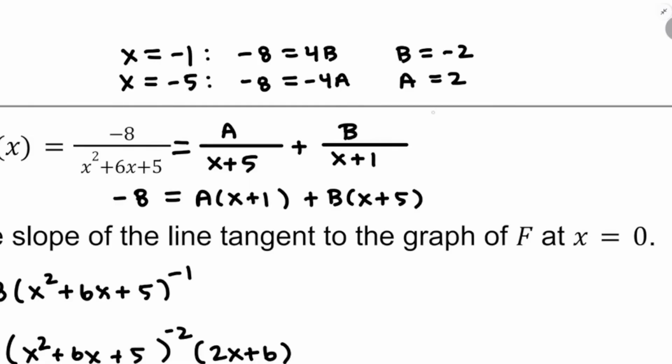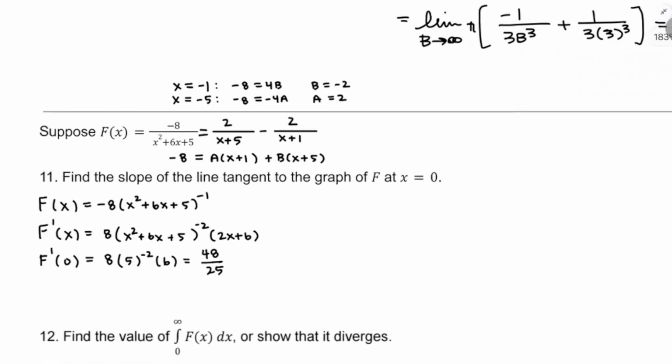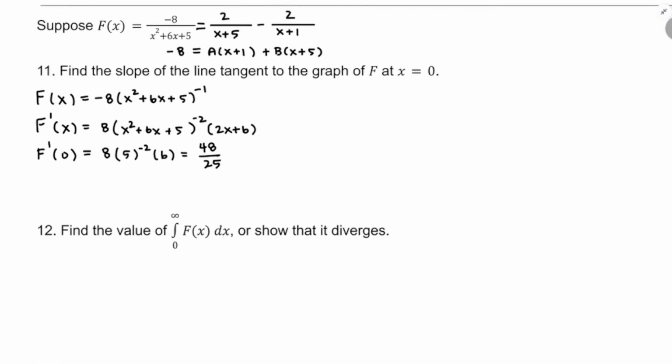And now, all right, so let's see. A was 2, b was negative 2. So 2 of these minus 2 of those. All right, and now I'm going to use that to run the integral that they've requested. So the integral from 0 to infinity of f of x dx equals, I'm going to write the limit, and I'll just keep it simple, not actually copy it in.